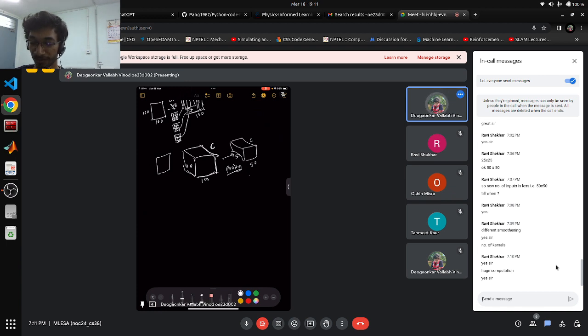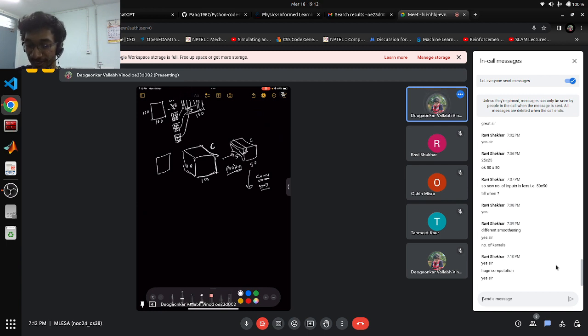So once I have this 50 cross 50 cross C, I will again send this as input, but this time through convolution. I'm again going to do convolution of size 3 cross 3, but this time my kernels are not 2D, they are 3D kernels. It's going to move like that.